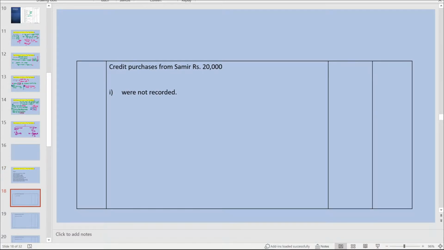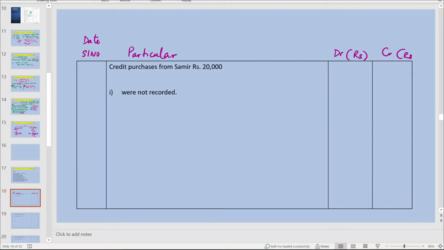So you have to prepare a trial balance: here you will write serial number or date, and here will be particulars, here is debit, and this is credit. Debit amount is rupees and credit amount is rupees, right?